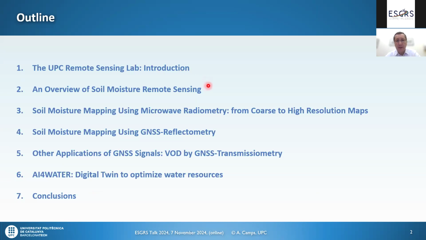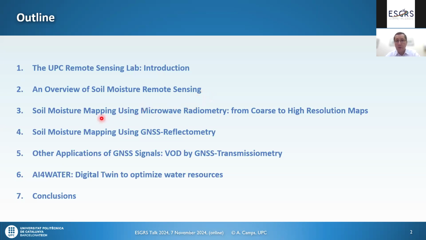And then I will make an overview of soil moisture remote sensing, because before we were able to measure soil moisture from space, there were a number of techniques that were used, okay, NDVI and others. And I would like also to comment on that, because actually they are sensing other things and not particularly soil moisture. But I mean, they were used for many years as proxies for soil moisture.